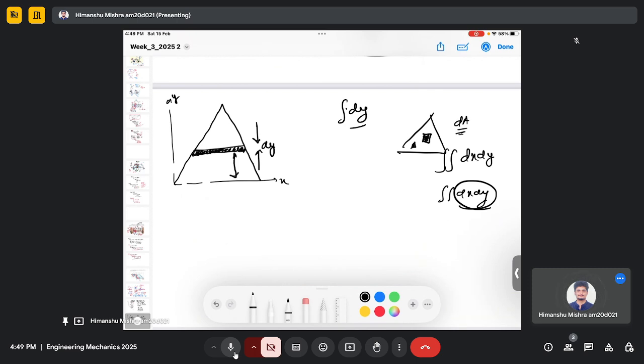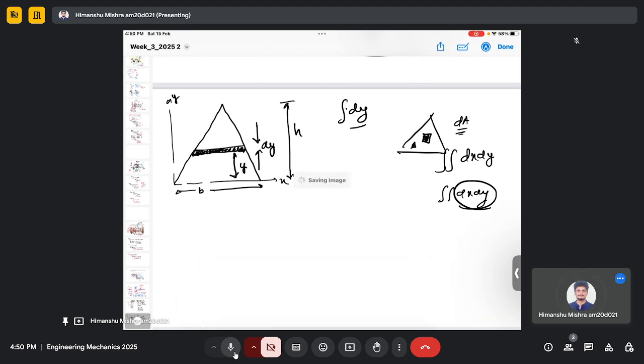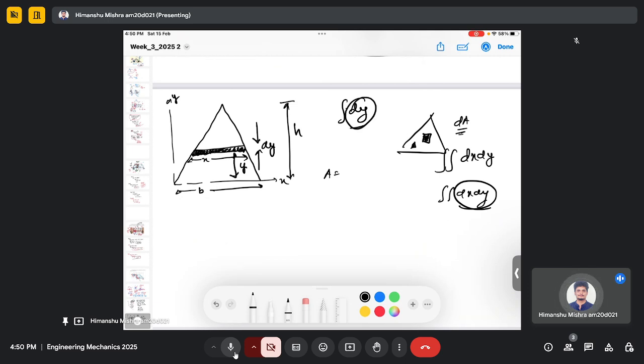This is y, this is b, and the total height is h, and this is our x. So here, since it's a line element, you have only a single small element here which is dy.